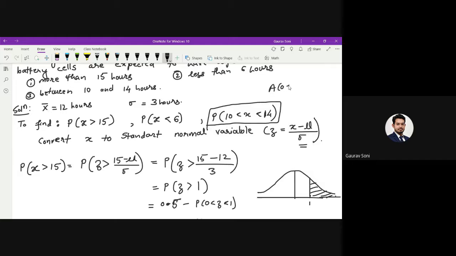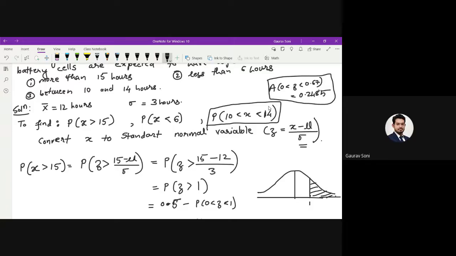Area from 0 less than z less than 0.67 is equal to 0.2485. Tell me the final percentage. Percentage of battery cells that will last between 10 and 14: 24.85%.